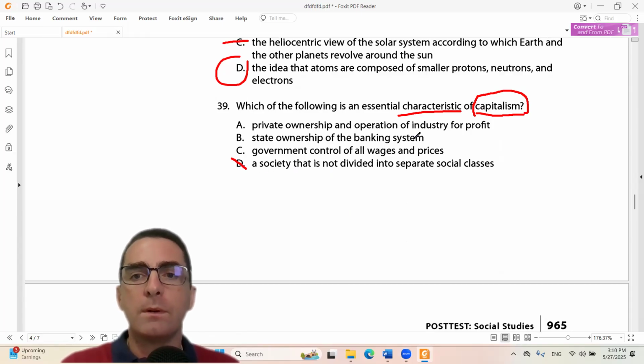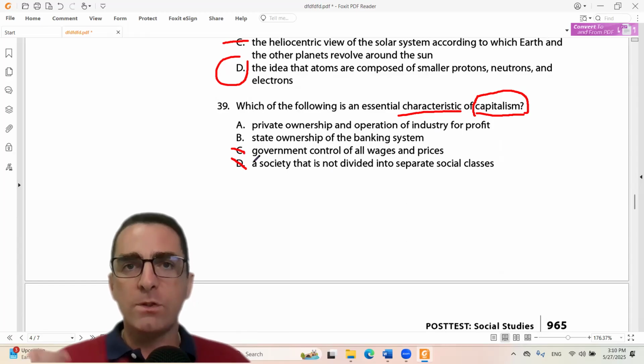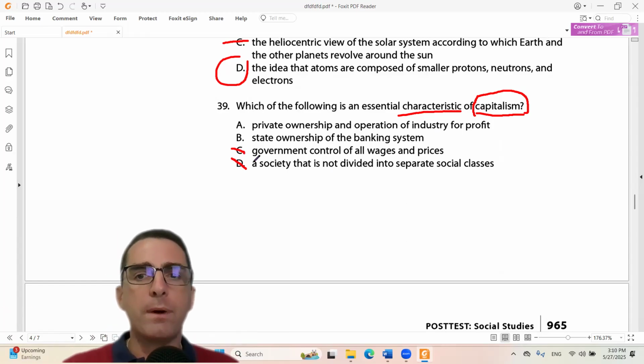So it's not that one. A, government control of all wages and prices. No, that's again more of a socialist thing, where the government controls prices, price control as it's known, and wages as well. In socialist countries, they try to make wages more equal for all people to create some form of egalitarianism. B, state ownership of the banking system.